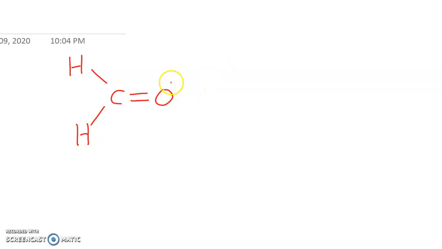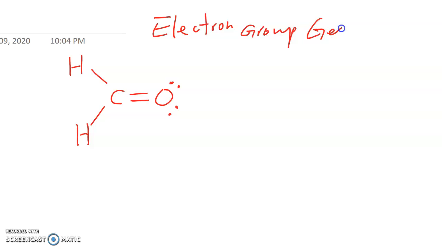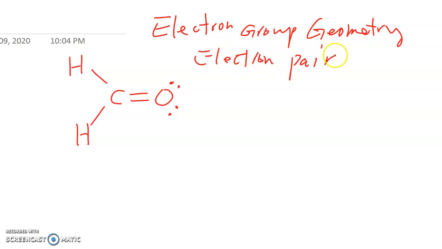Now, as for the electron group geometry, or sometimes we call that the electron pair geometry.